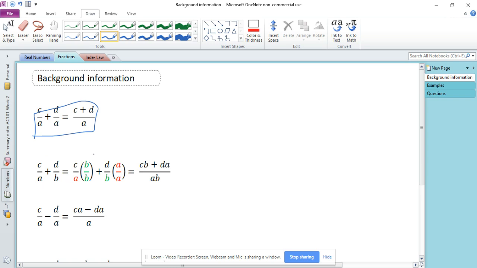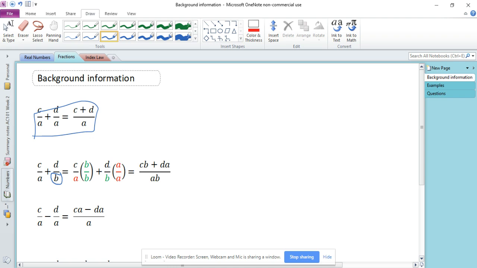What is this property saying? For argument's sake, I have one fraction and a second fraction. The first fraction, you need to times something, so you need to times the second fraction's denominator, B over B. Do the same thing for the second fraction.